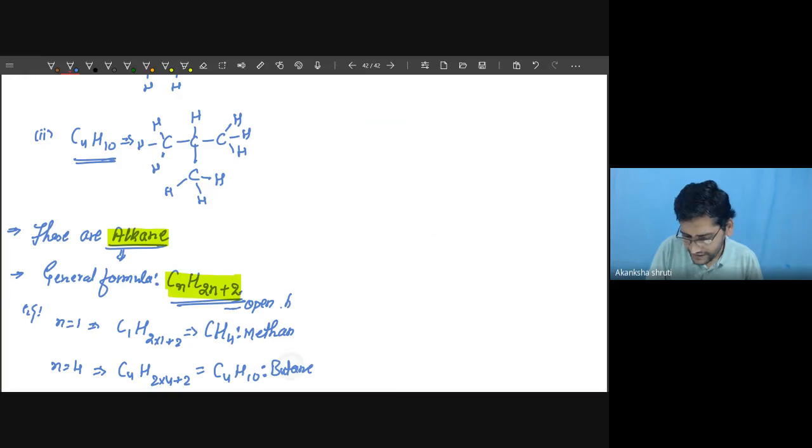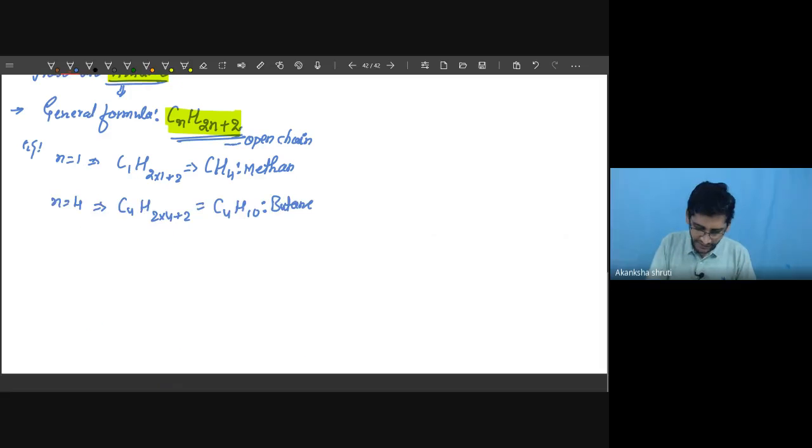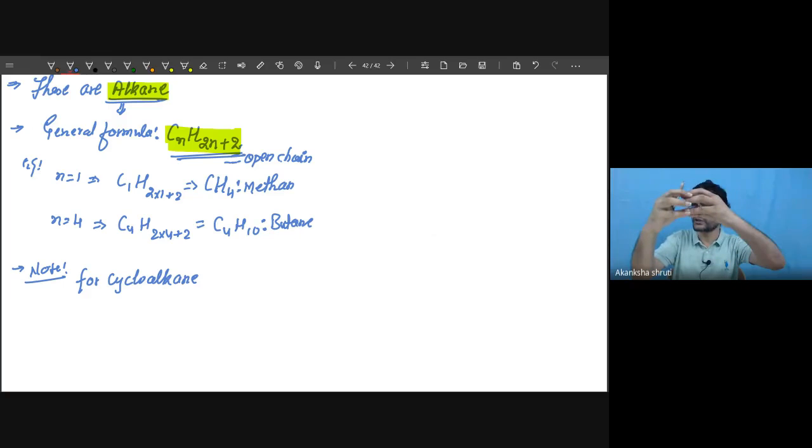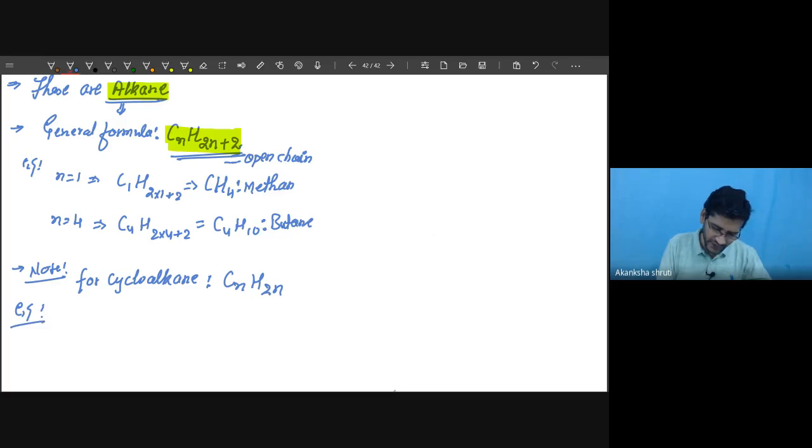For open chain we have written these formulas. If we have cyclic alkane or cycloalkane, if you want I will write it down, note for cycloalkane. Look, here two hydrogen bonds break and two carbons get connected. Obviously the two hydrogens have to be removed. The formula becomes CnH2n. Let me show you an example. But here we need to keep in mind how much carbon we need to take to make a ring.